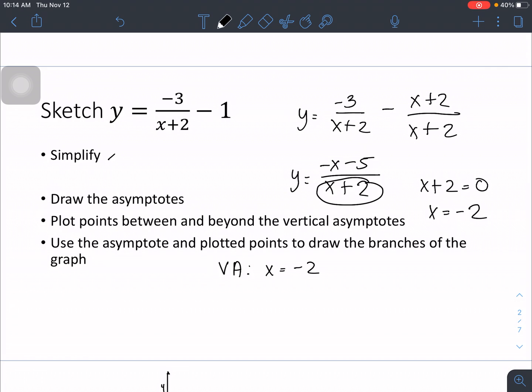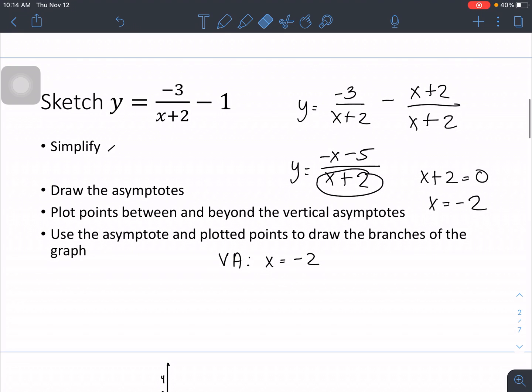And the horizontal asymptote. The horizontal asymptote will be the comparison of the degree of the numerator and the denominator. The degree in the numerator is 1. The denominator is also 1. Turns out they have the same or equal values.